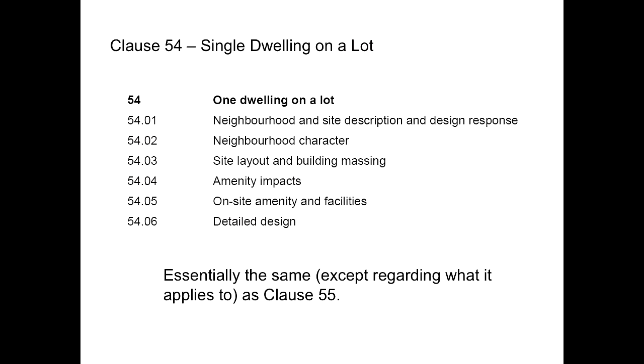So clause 54 is one dwelling on a lot, and generally speaking, it's on a small lot of less than 300 square metres where this would be invoked in a residential zone as a trigger for this assessment.